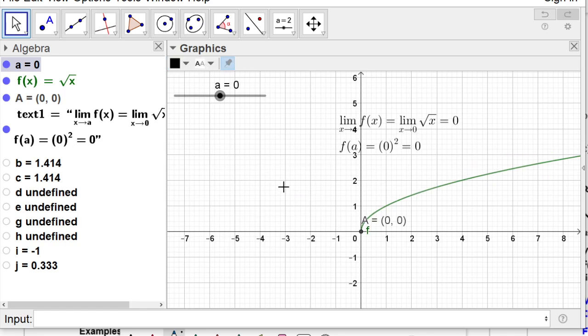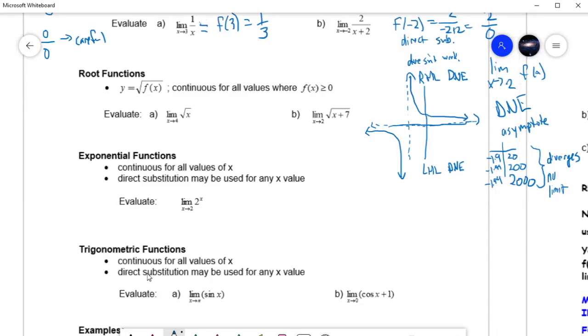There's no values to speak of. This is kind of like an exception to our rule about the right-hand and left-hand limits. The limit does exist at 0 because when you are on the border of a function's domain, you only have to look from the side that actually exists. Which is a bit of a technical point, but just make a note of it.